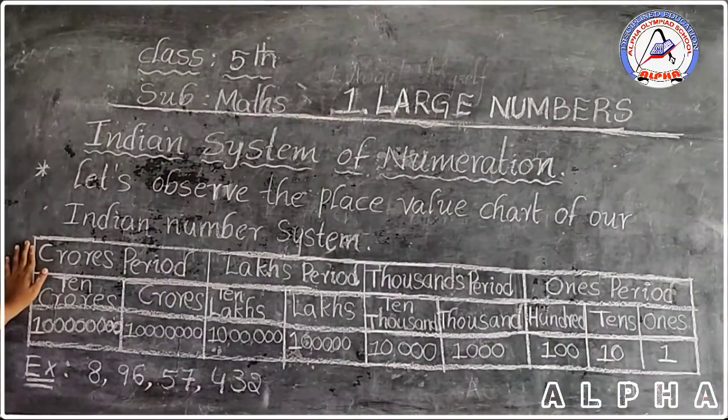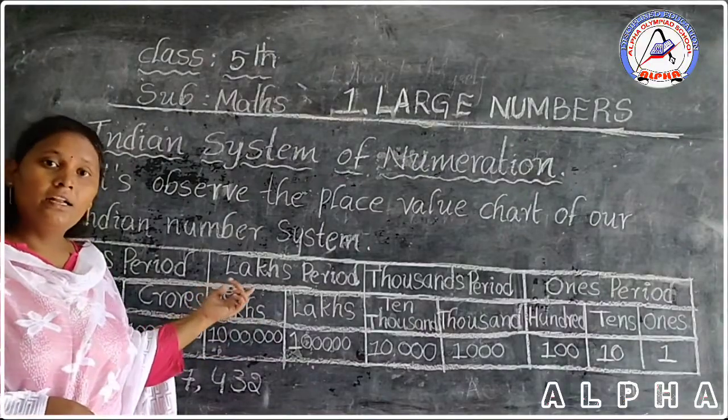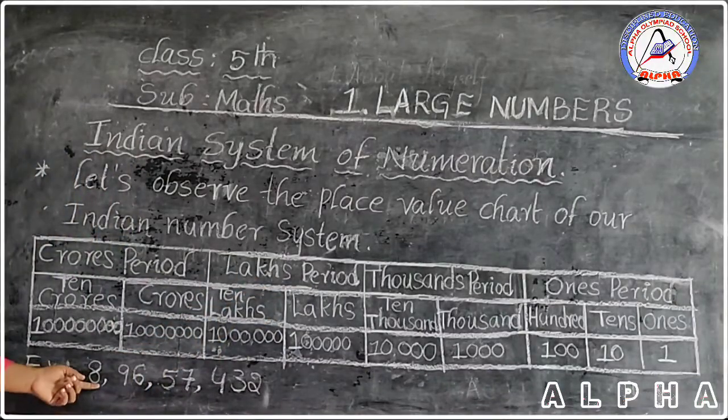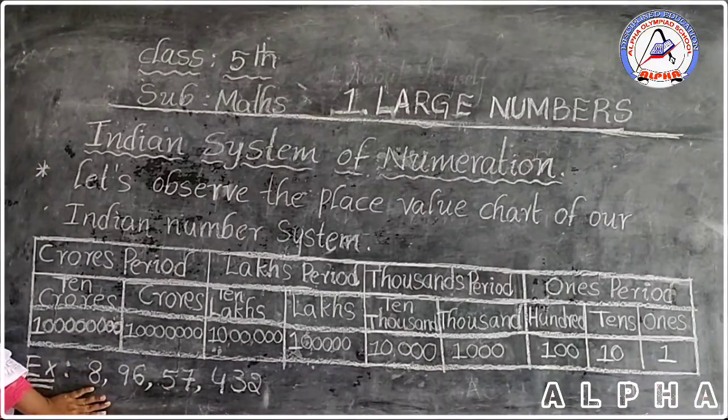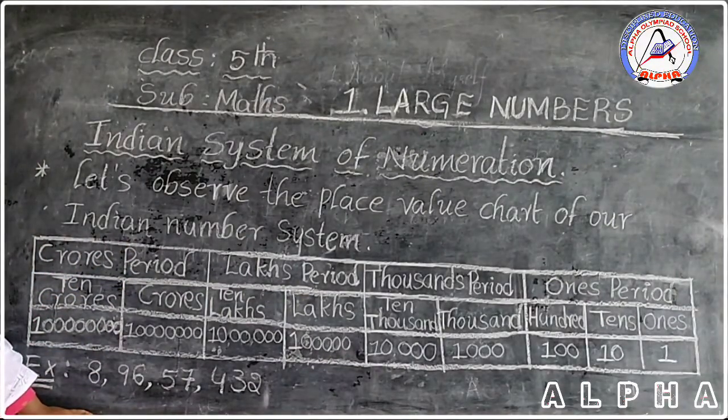On the basis of this number system, we pronounce numbers, and we use commas to separate the numbers.